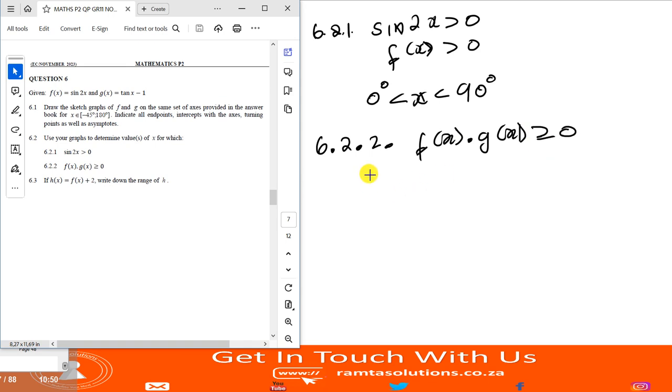It means both must be positive, both must be negative, and either of them can be 0, because any number multiplied by 0 is 0.